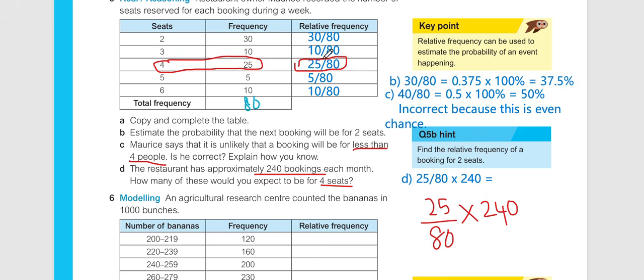So for 240 there is going to be 3 times 80. So the answer is going to be 75. So you can say 75 bookings are expected to have 4 seats. Is it clear? Yes.